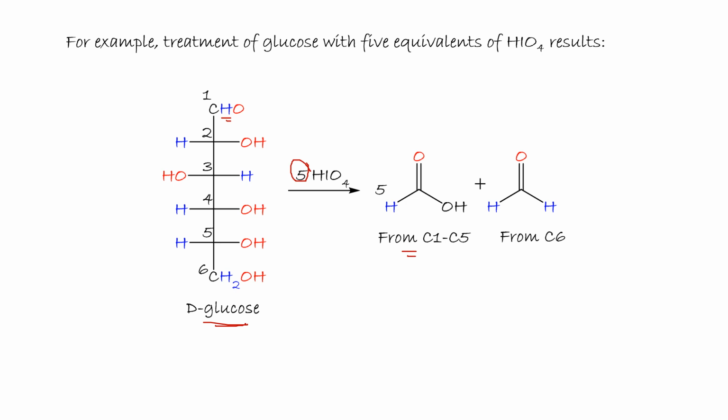Each one of these OH carbons will be cleaved around it by 2 HIO4, so it will turn again to formic acid, while the primary terminal CH2OH will be formaldehyde.